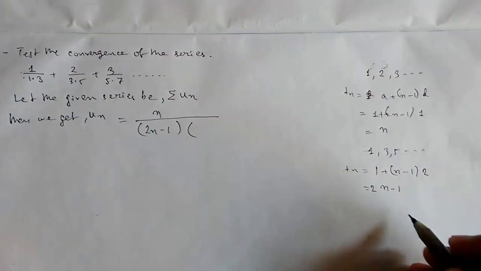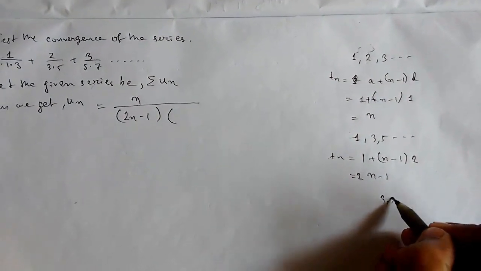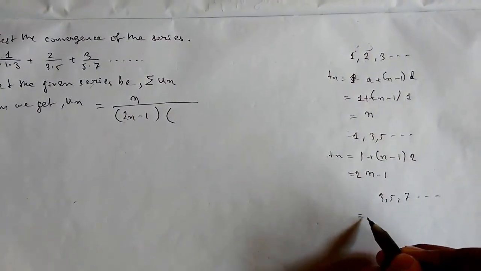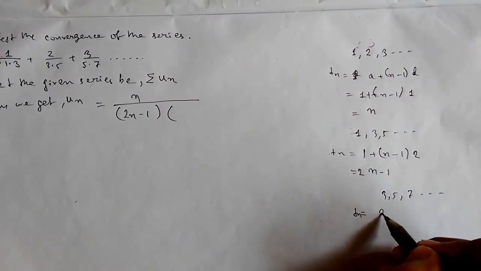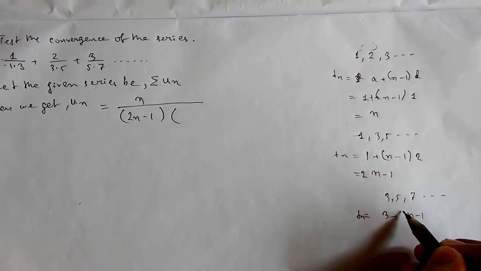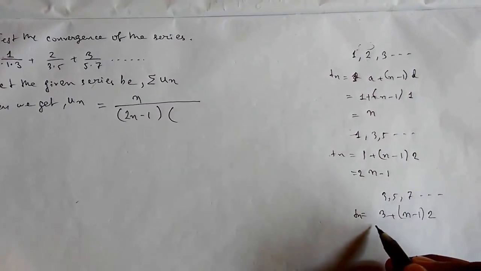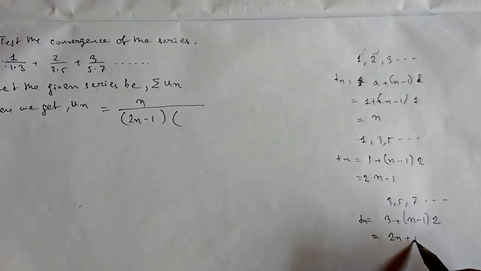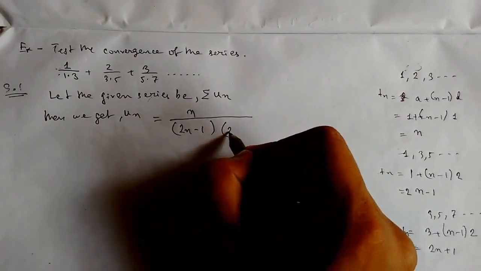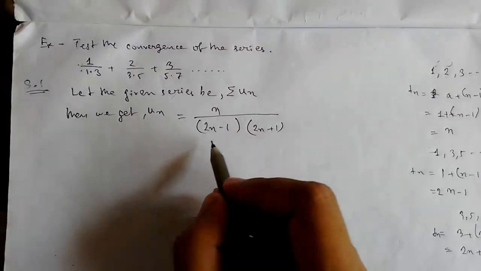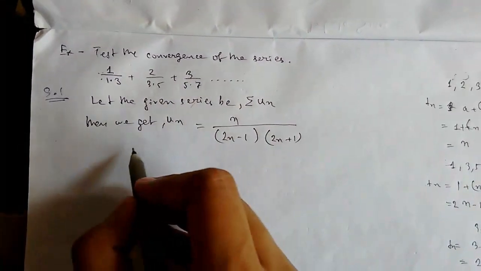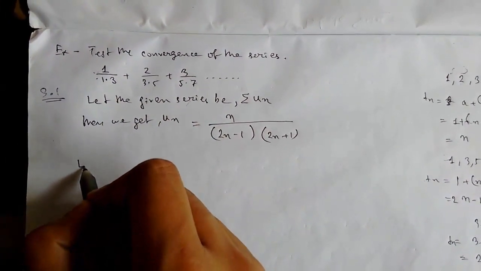Now for the second series 3, 5, 7, Tn will be 3 plus n minus 1 into 2, the common difference, which is 2n plus 1. Now we have got the general term.